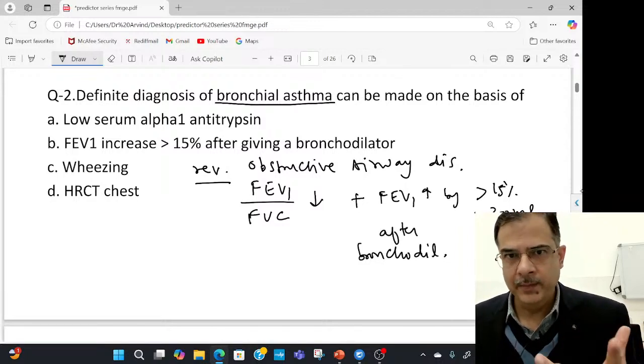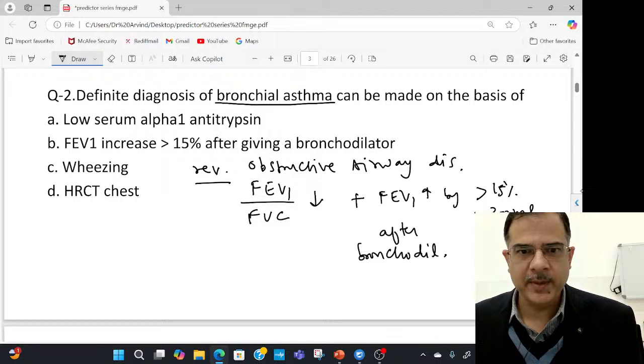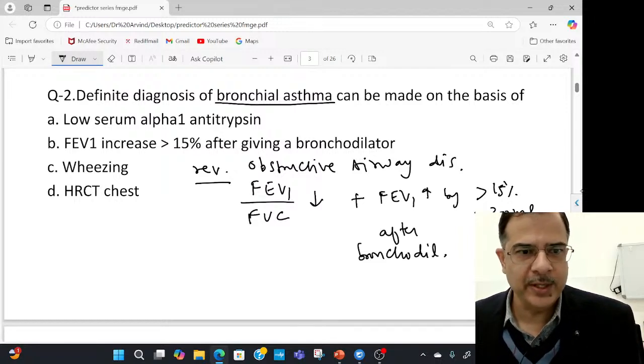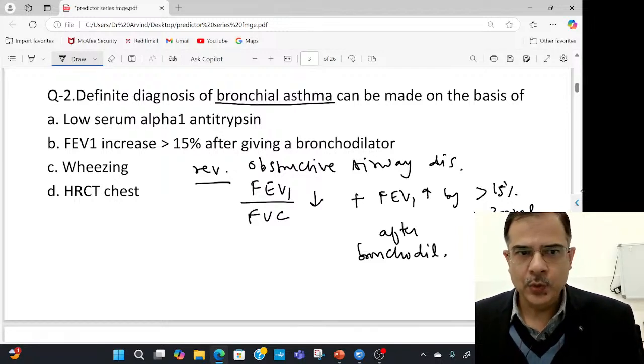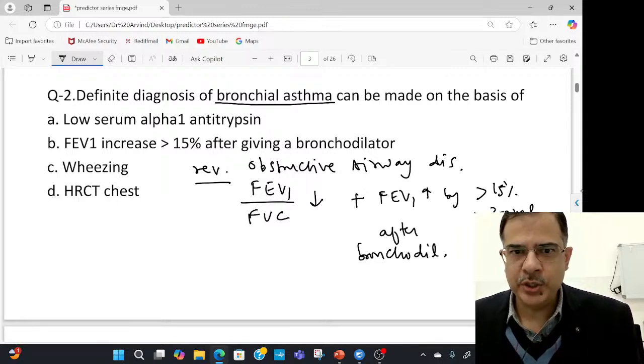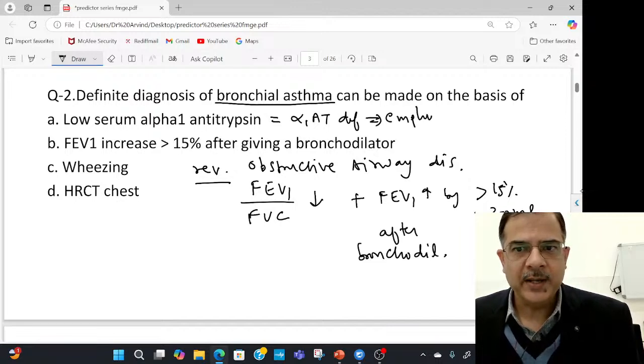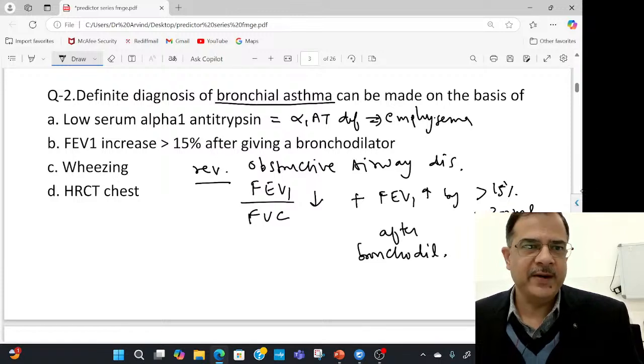Otherwise, in COPD and bronchiectasis, an obstructive pattern will be seen as the ratio will be reduced, and low serum alpha-1 antitrypsin will be seen in alpha-1 antitrypsin deficiency induced emphysema. So that makes a diagnosis of the etiology of the emphysema.